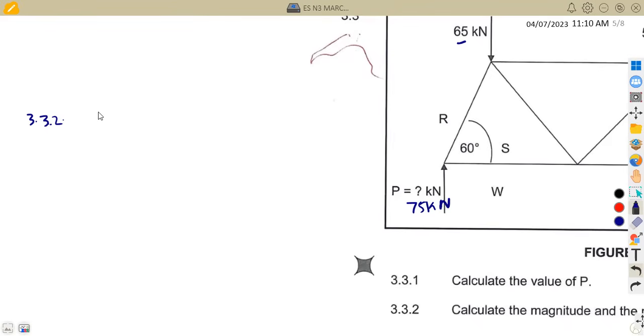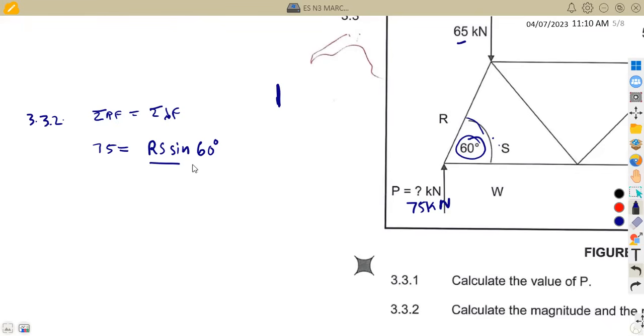So we can say that the sum of the upward forces is equal to the sum of the downward forces, but referring to P and RS, P is going up, which is 75 kilonewton, and is equal to RS, now affected by an angle of 60 degrees. So this is going to be RS sine of 60 degrees, because it's a vertical component up. It's a vertical component. So that's why we are using sine 60 degrees.